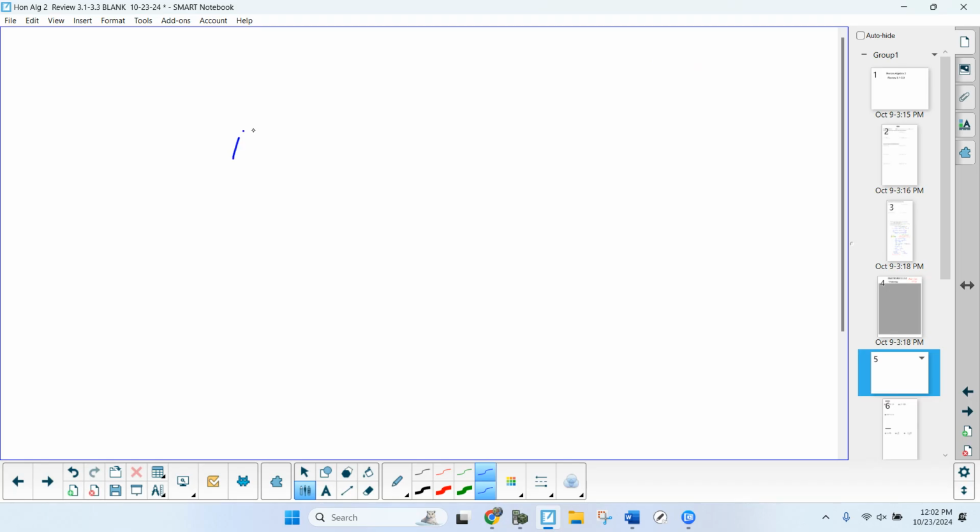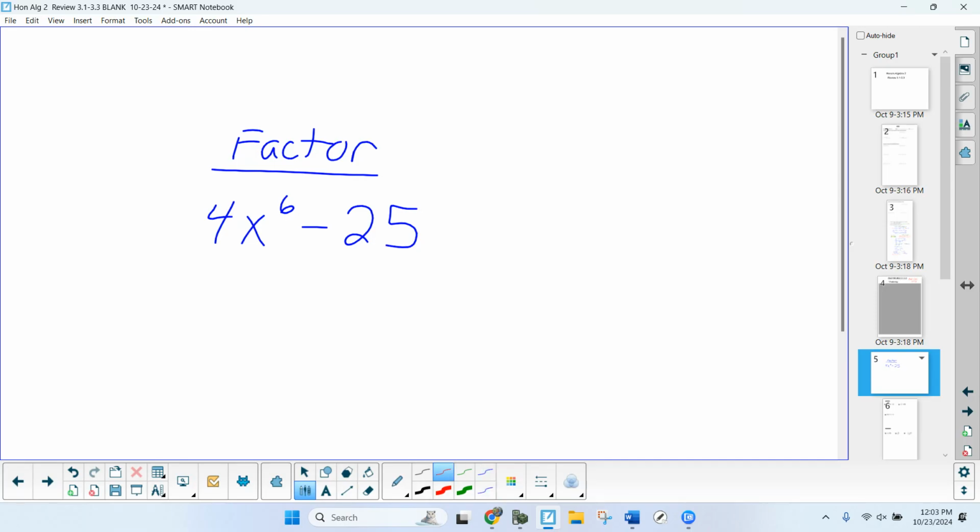Guys, if I ask you to just factor, not solve, just factor, and I give you 4x to the 6th minus 25. What multiplies together to give you 4x to the 6th? 2x cubed. What multiplies together to give you 25? Now remember, it's just this plus that, minus that.